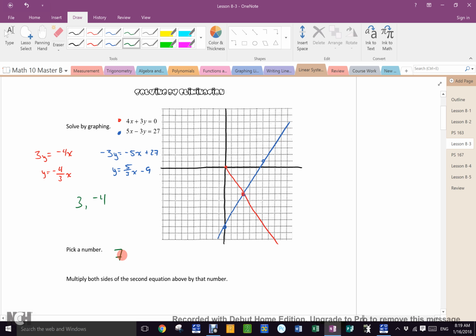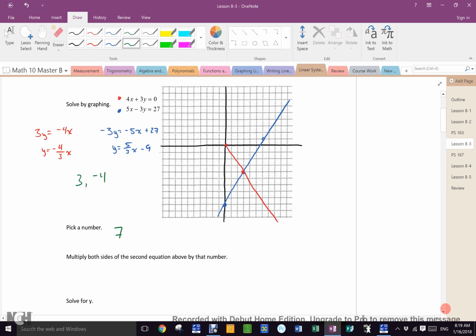So we've picked 7. Multiply both sides of the second equation by that number. The second equation is 5x minus 3y equals 27.